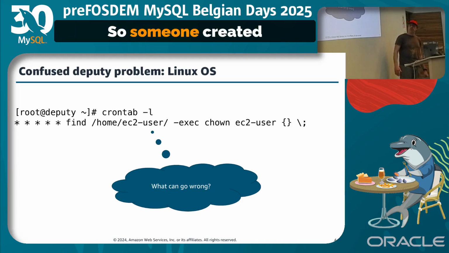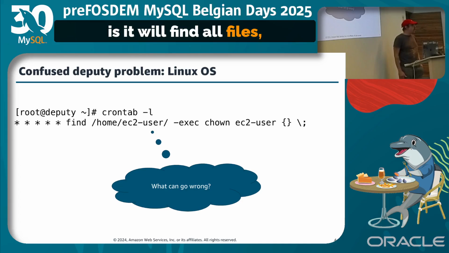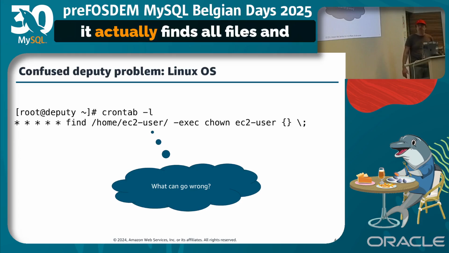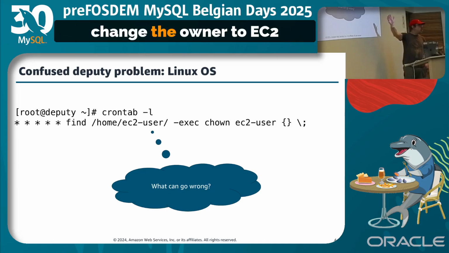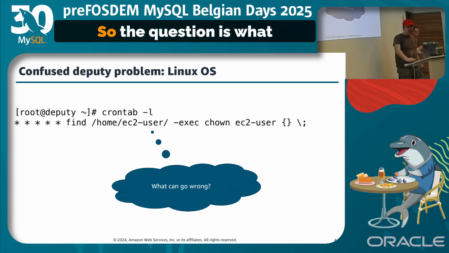So someone created this cron job, a one-liner, to fix that problem. It finds all files and changes the owner to ec2-user. So the question is, what can go wrong?